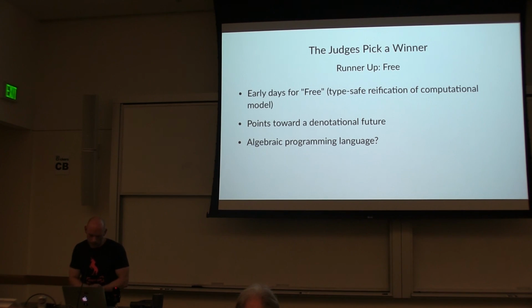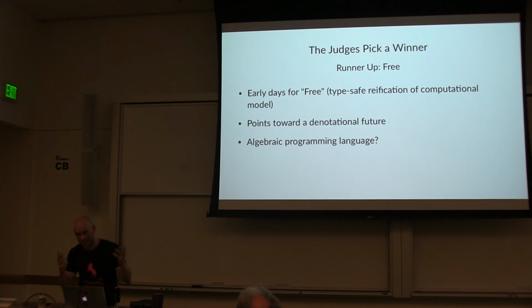I think the thing that we'll get out of free is basically type-safe reification of your computational model, whether that's sequential or parallel or arrowwise or whatever it is, the total reification of that, and the description of your program as a declarative data structure, which I like for lots of reasons. One, because I'm always arguing for programming languages that can't actually do anything in the real world.